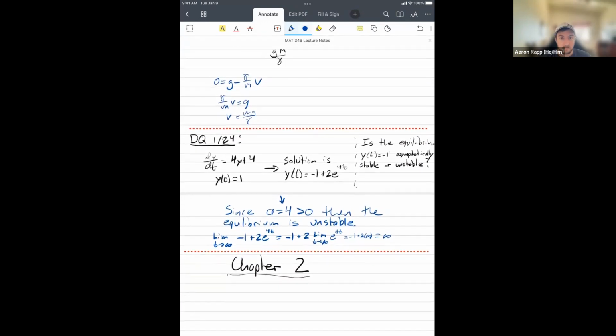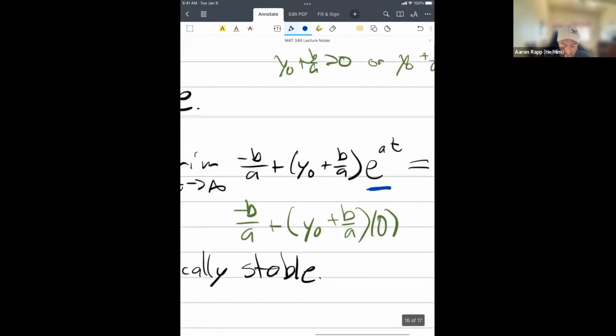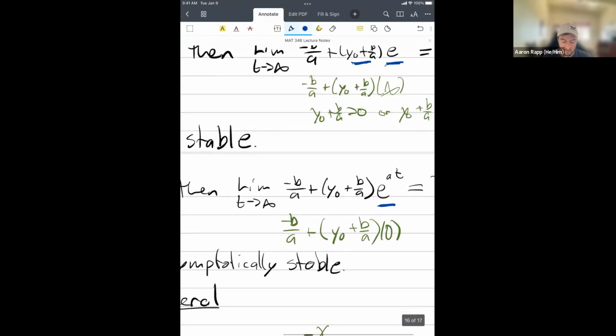All right. One thing, and I don't know why, you should have just ignored me. This is correct. It goes to -b over a, because if this a is a negative value, like let's just say -1 to try to get a particular example, this is e to the -t, and I don't know why in my head I was thinking I need to plug in t to be 0, because that's not what's happening. You're considering it in the limit as t goes to infinity.